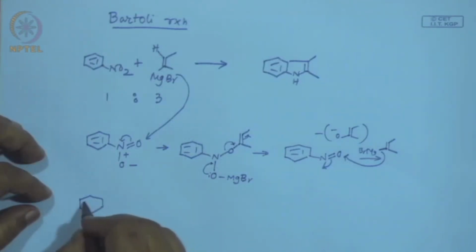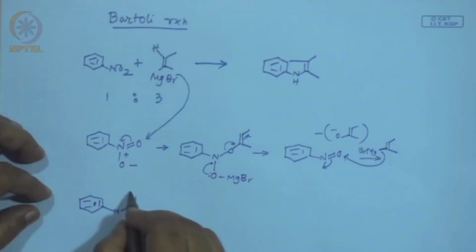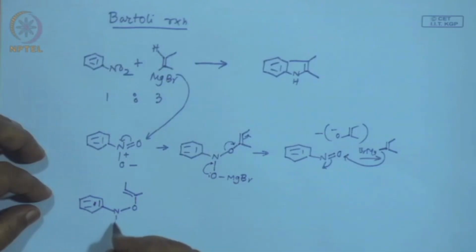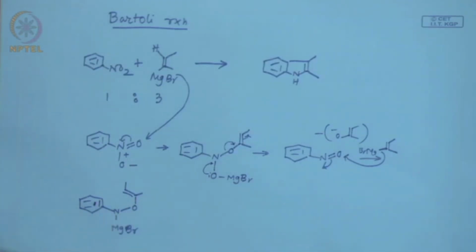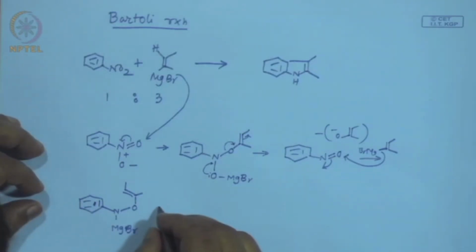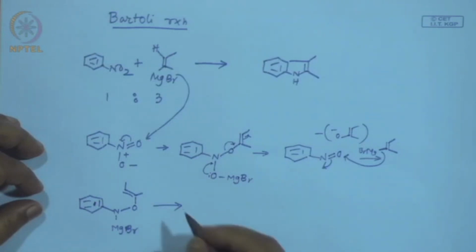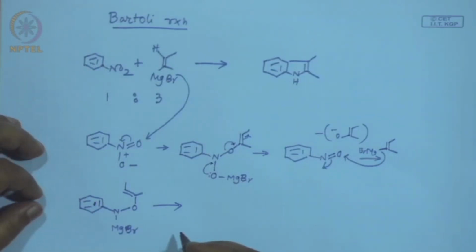So, what we will be getting now is a double bond again between nitrogen and oxygen, with magnesium up here and this bromide. I think all of you would anticipate the next possible reaction. The way I have written it is very apparent: it will undergo a 3,3 sigmatropic rearrangement.